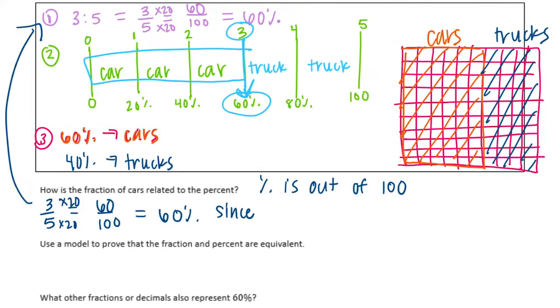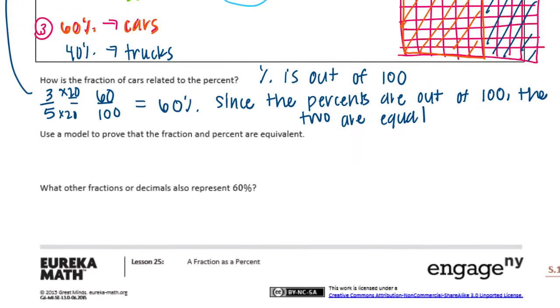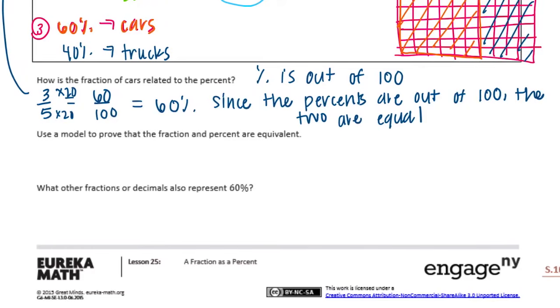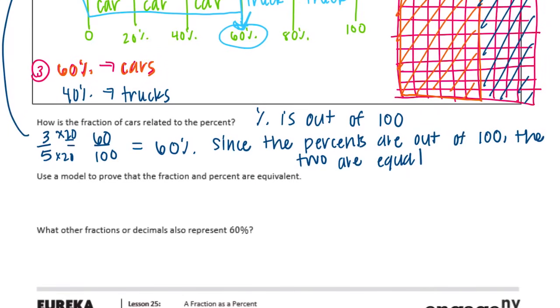So we can say that since the percents are out of 100, the two are equal. 3/5 is equal to 60%. Use a model to prove the fraction and percent are equal. So again, that's pretty much what we did for number 2, but we can do it again.